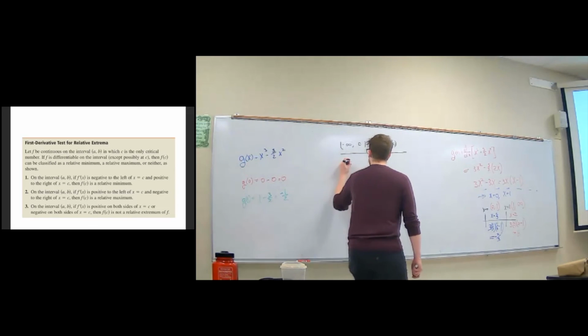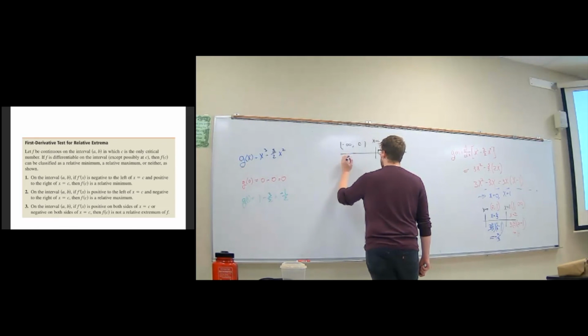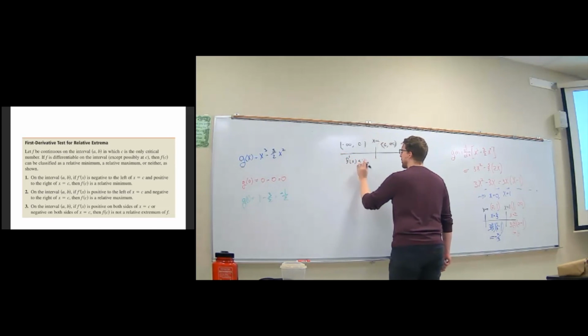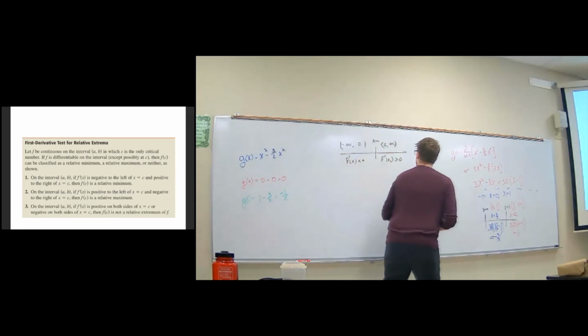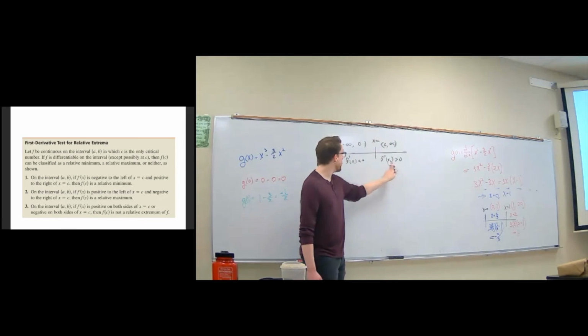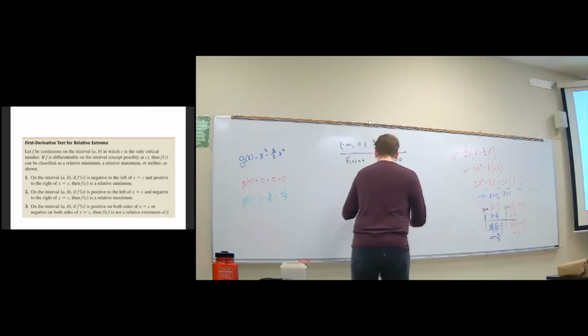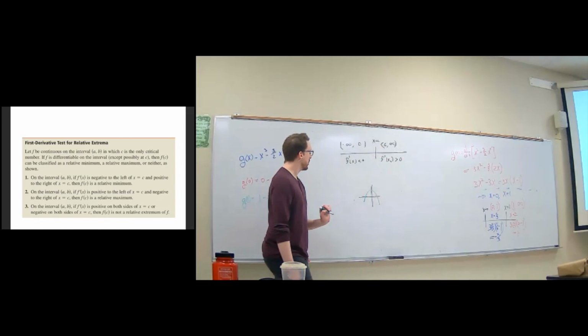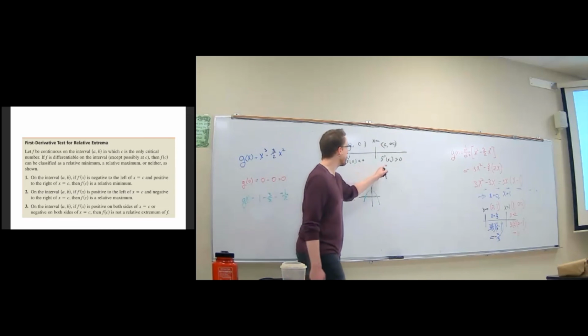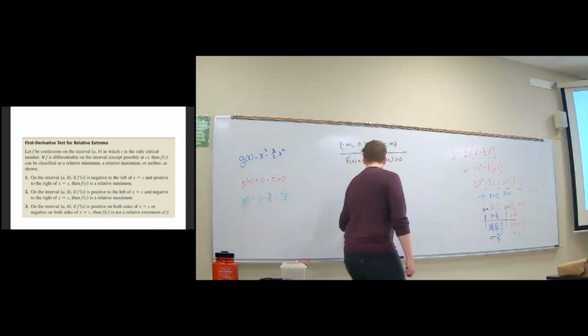If we see that there's a change in our sign in this way, so we go from negative to positive, then what we're saying is our slope goes from a negative slope to a positive slope. My mistake, I wrote that backwards.